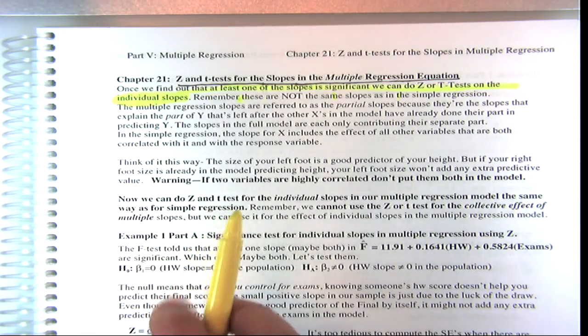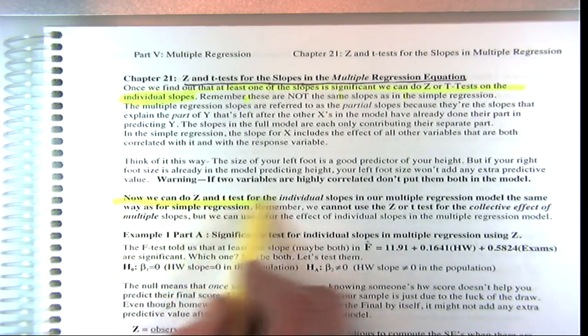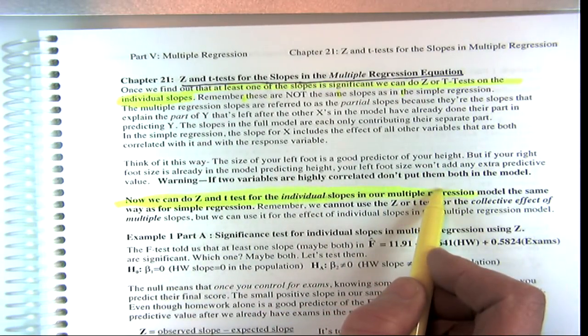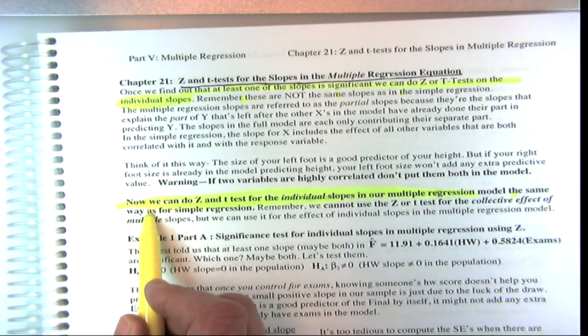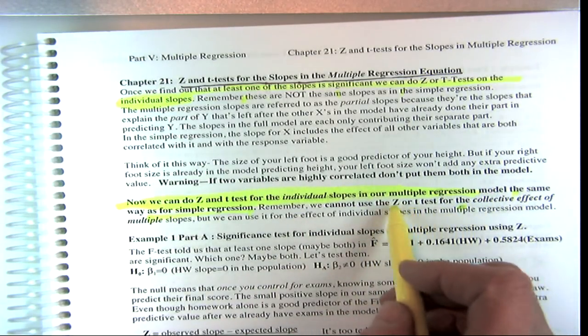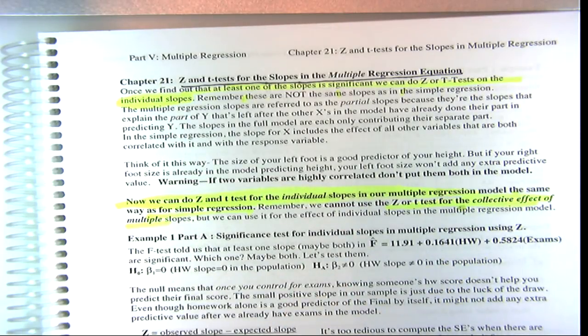So, what do we need to think about? We can do Z and T tests for the individual slopes, the same way we do them for the simple regression, but we can't do it for the collective effect. When I said in multiple regression you can't use a Z or a T test, that's for the whole collective effect, to see if there's anything in your model.